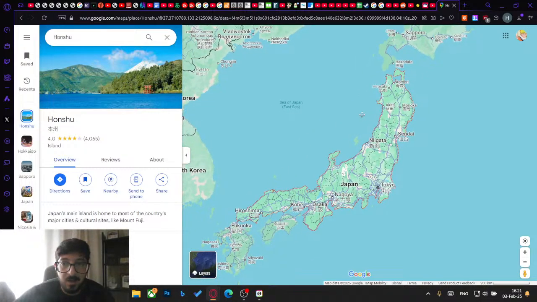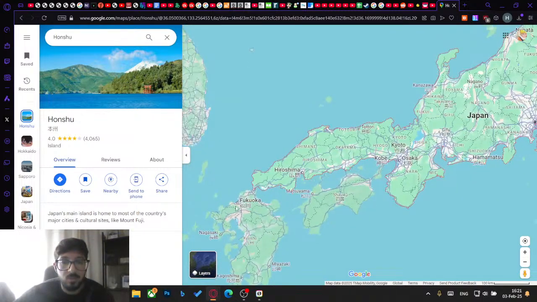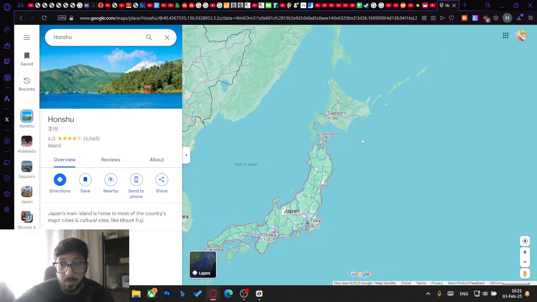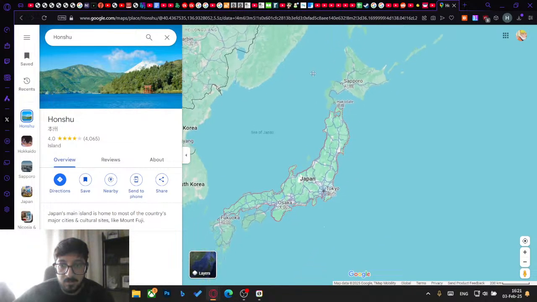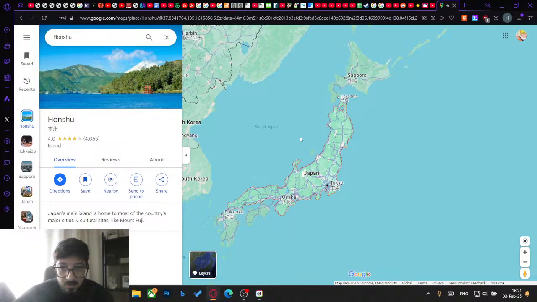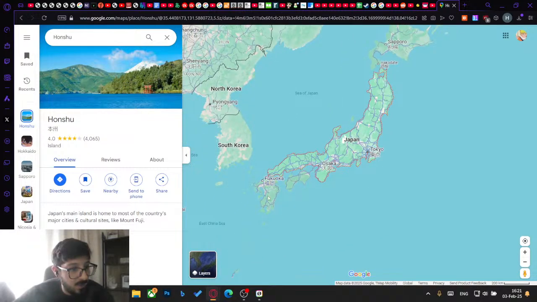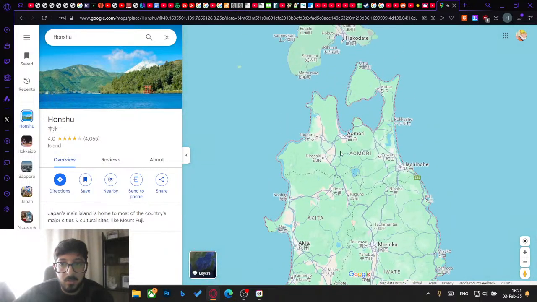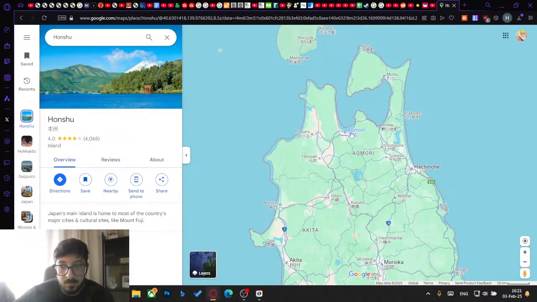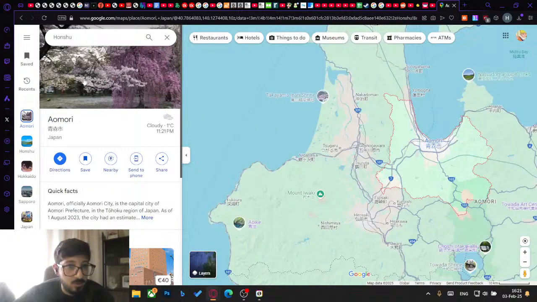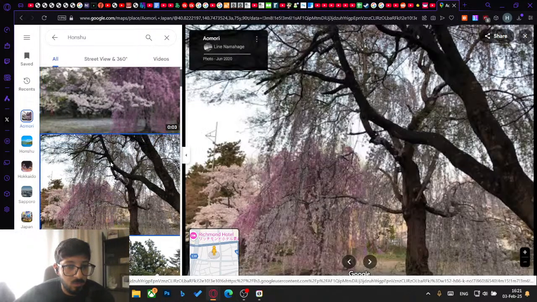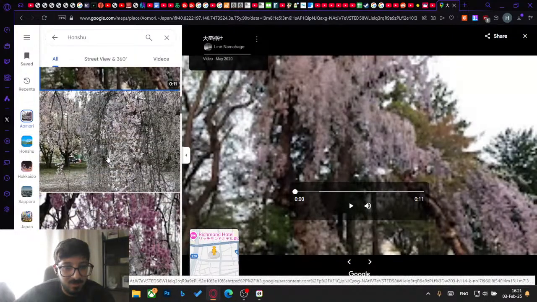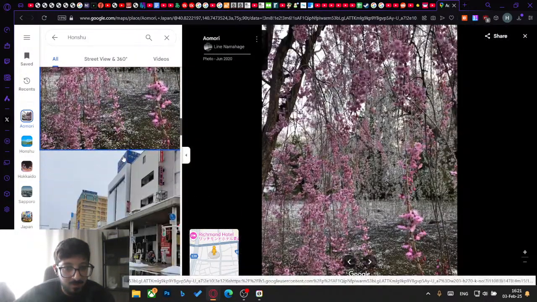Honshu is the main island. Wait, so you are saying that Hokkaido is an island, and Fukuoka the other island. And this is Honshu, and north of Honshu, Aomori, which is also green. Ooh, it's better than green. It's white. It's pink also. This is sakura, I think.